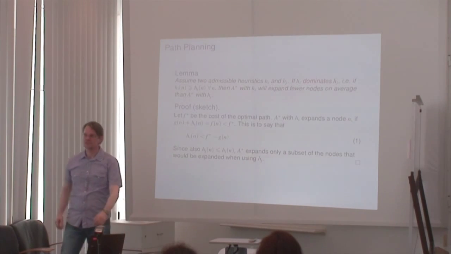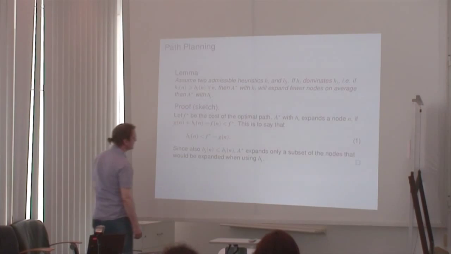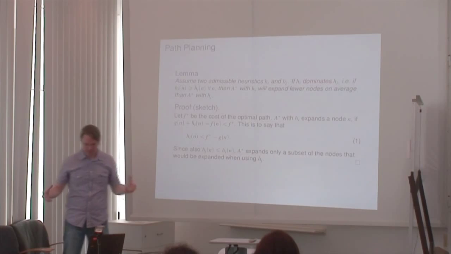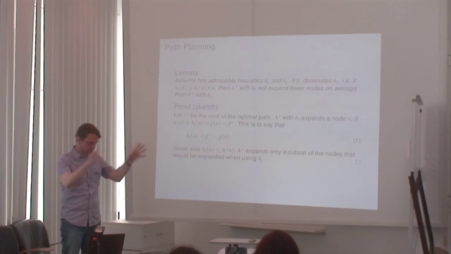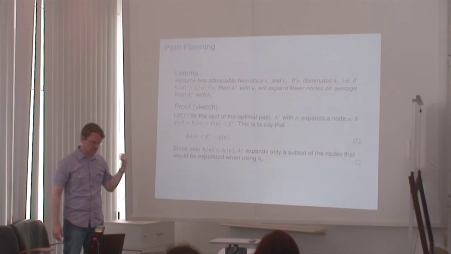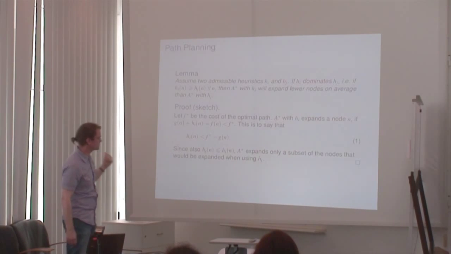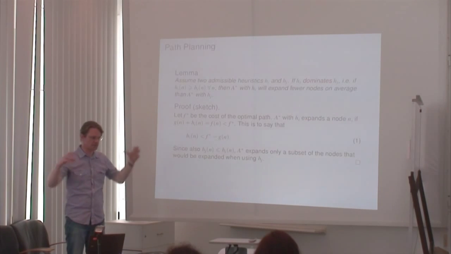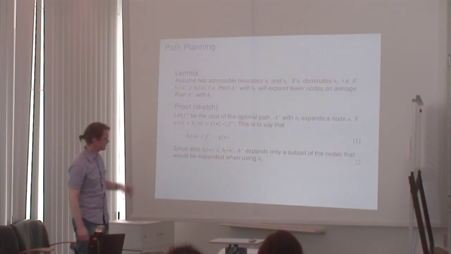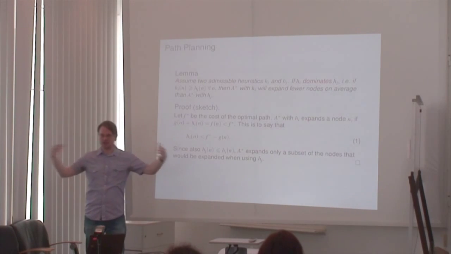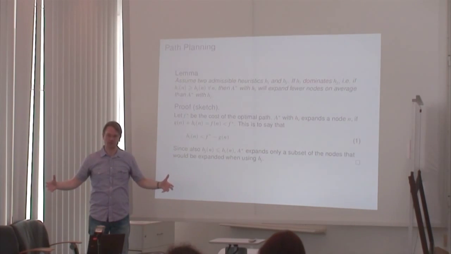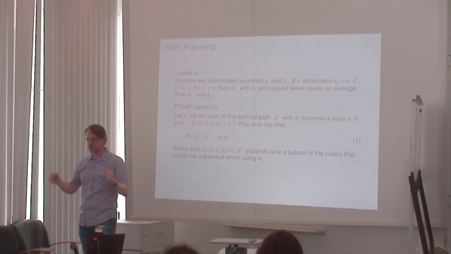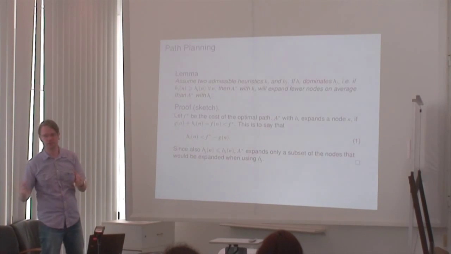And that is basically to say that if we would keep track of the nodes put in the fringe using heuristic Hi and keep track of the nodes put in the fringe using heuristic Hj, the set of nodes produced in the fringe by Hj is larger. There are more nodes in there on average. Or in other words, Hi produces just a subset of the nodes expanded by Hj.